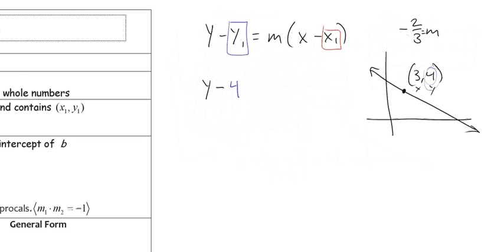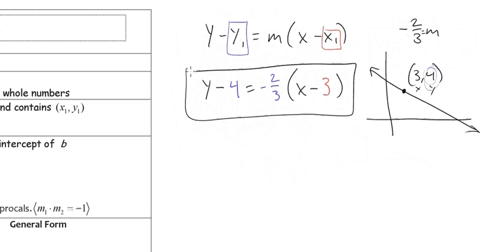That tends to be the place folks make mistakes. Now that's all equal to the slope, negative 2/3, times x minus, and our x value this time is 3. So x minus 3, and we've got our line written in point slope form.